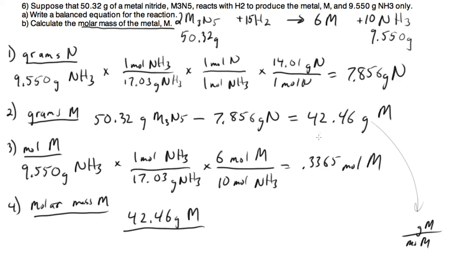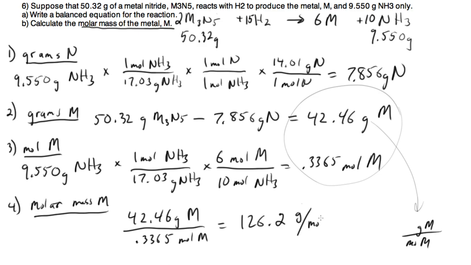Those are equivalent. That's very important that these two things be equivalent, and they are. That's 0.3365 moles of M. I've got 4 sig figs. That gives me 126.2 grams per mole M. You can look that up on the periodic table and determine what metal it is.